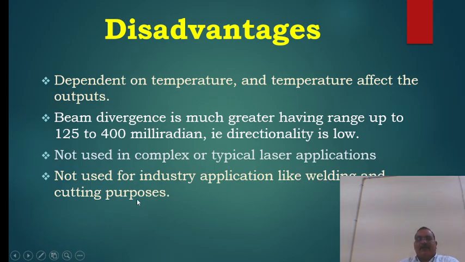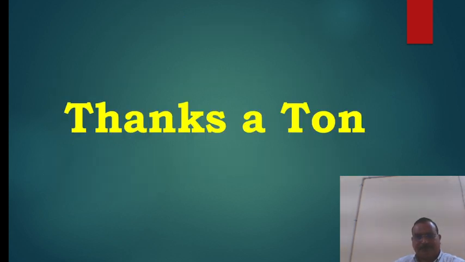For welding, CO2 lasers are used, and there are also Nd-doped YAG lasers. Other types of lasers are used for those, but for electronic parts, this is one of the best lasers fabricated by technocrats.